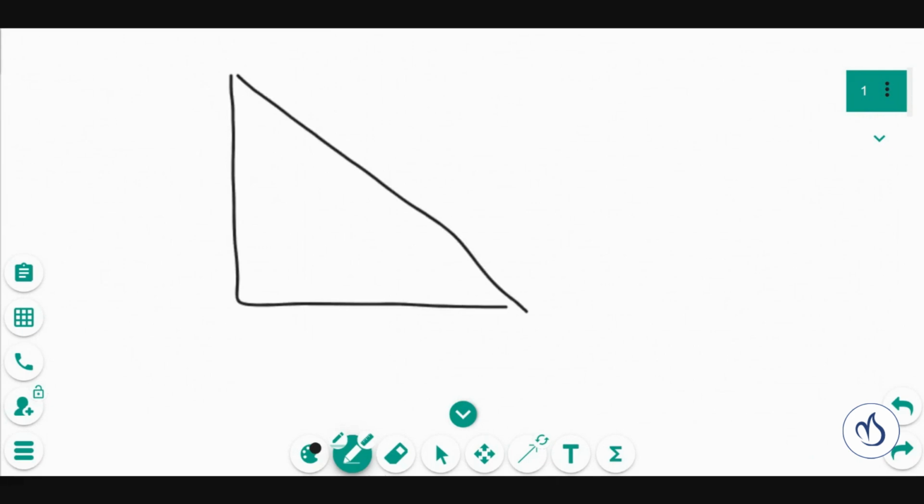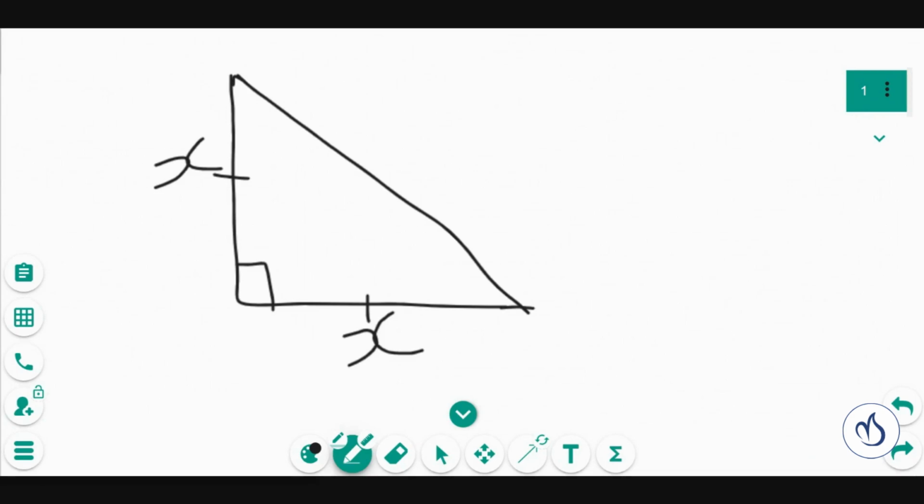Imagine a right angle triangle where two sides are equal. In a right angle triangle, we know that this angle here is 90. I'm saying these two sides are equal, and so I can assign them the same length, any length, which is the same. If that is x, this is also x.